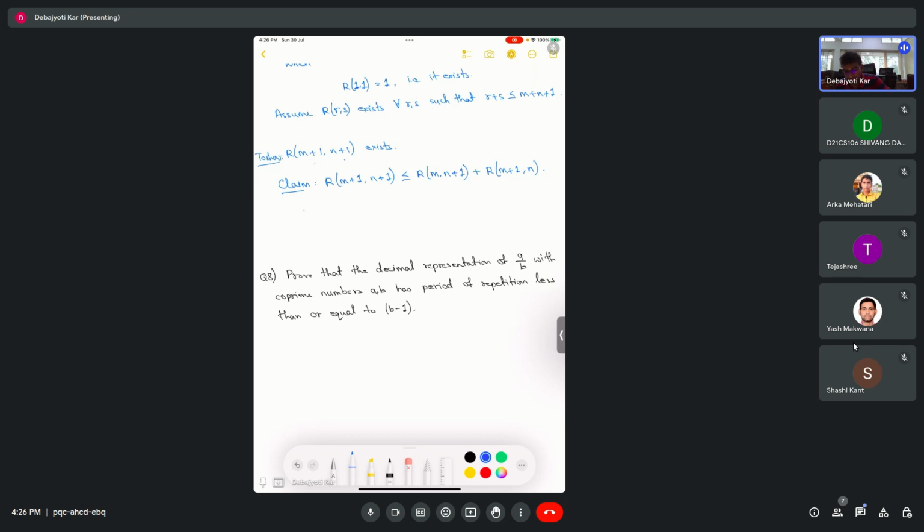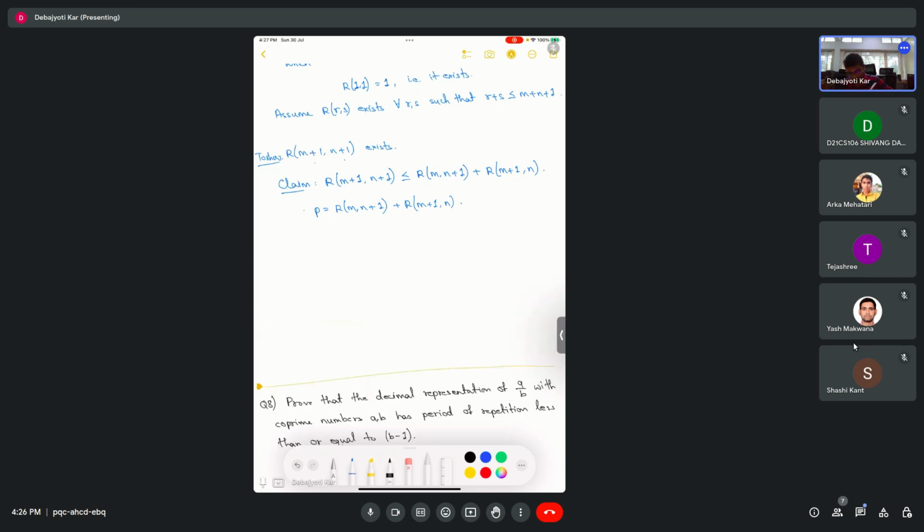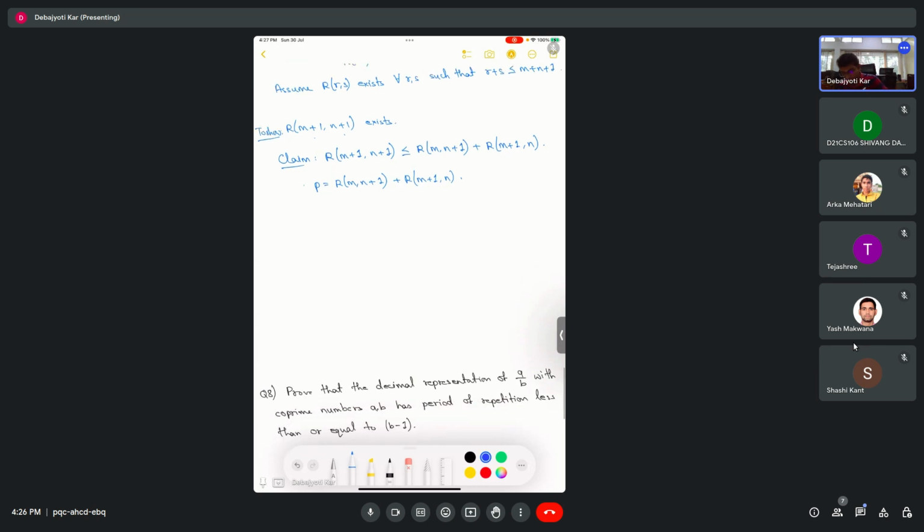Let's set p equal to this quantity, and consider any graph on p vertices.